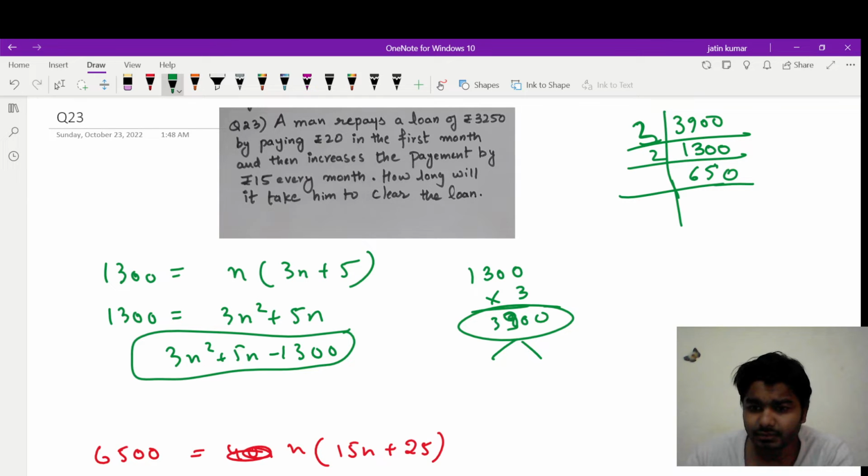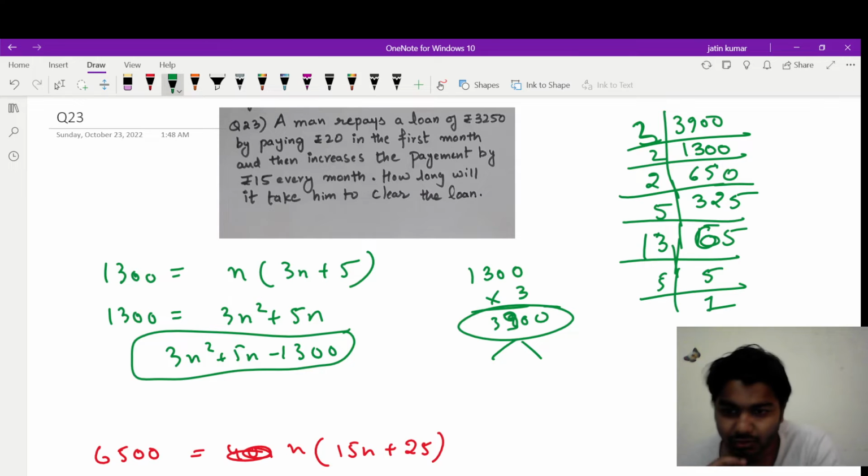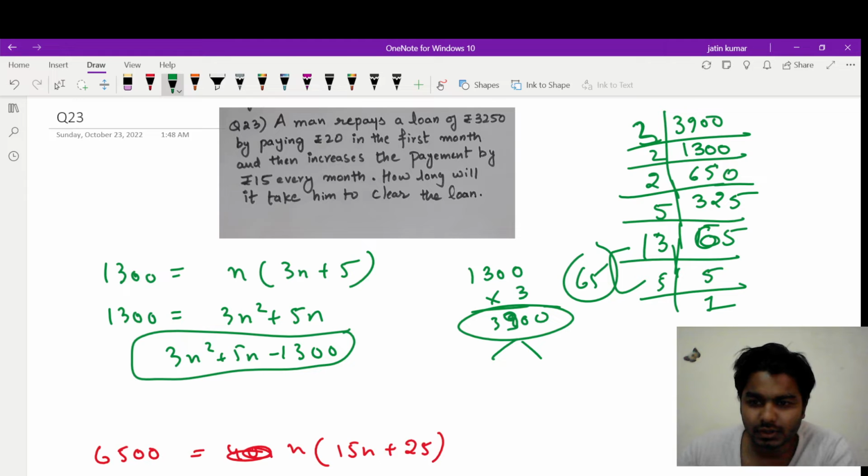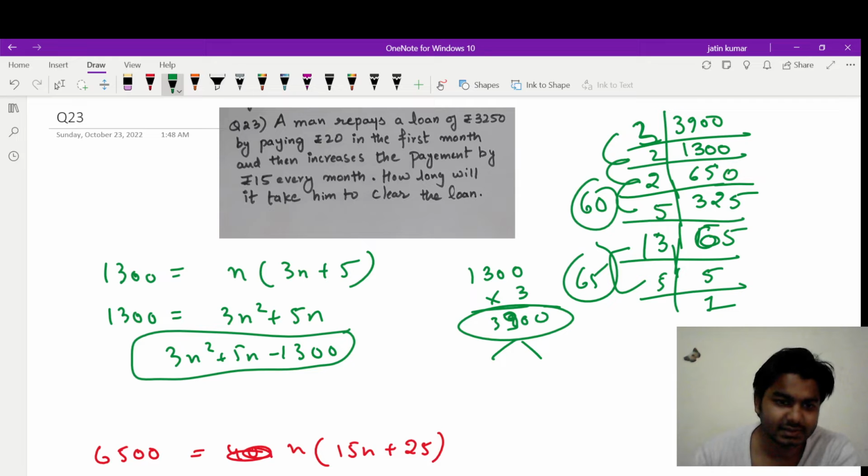Yes, and then it will be 325. Again dividing by 5 gives 65. And again dividing by 13, 5 and 1. Now split so that our answer gets 5. 16 minus 5, 65, stop here. 3 into 2 into 6 into 2 into 12, 5, 60. So we have got 60 and 65.